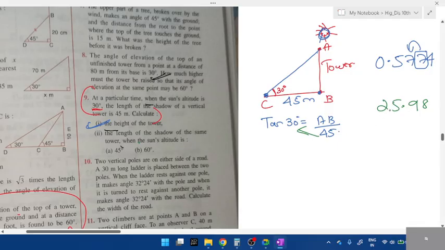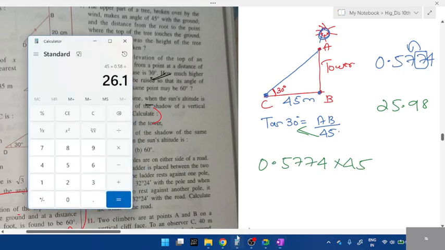You'll still get marks. See, I will do one thing. The actual value is how much? 0.5774 into 45. Is this the right answer? So instead of this, we just round it off, or do one thing, use 0.577.